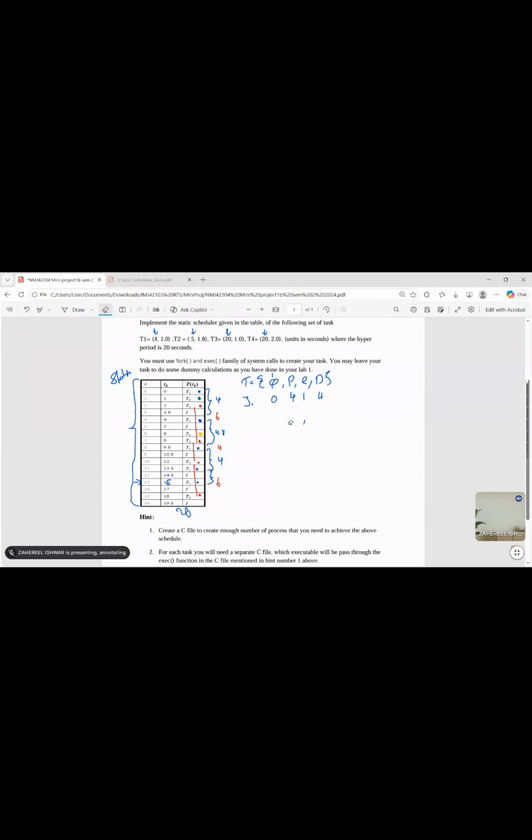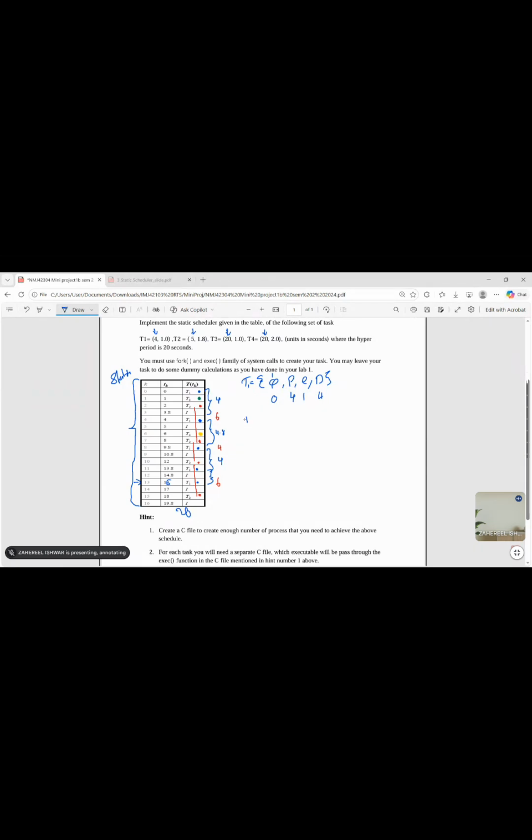What we can do is treat the second job of task T1 as a new task. So I treat this one not as the second job of T1, but as a new task. I say this is T1, but this one is T2.